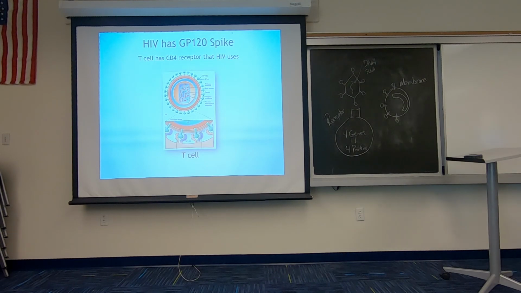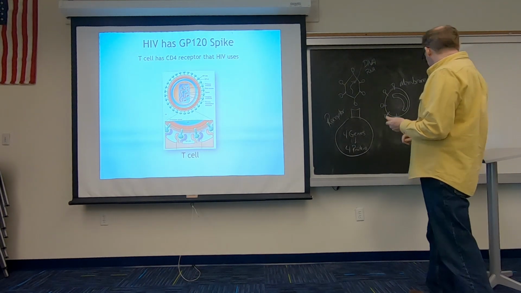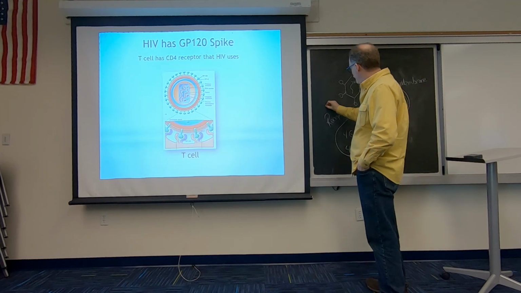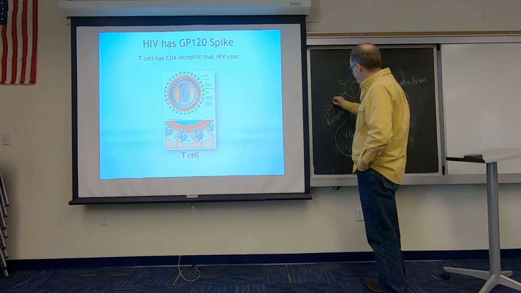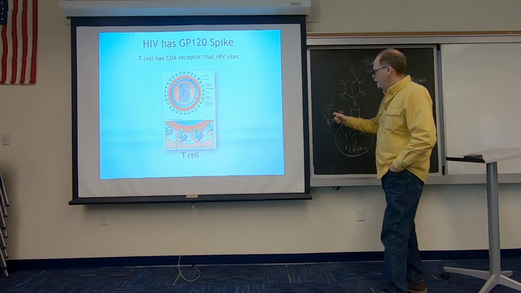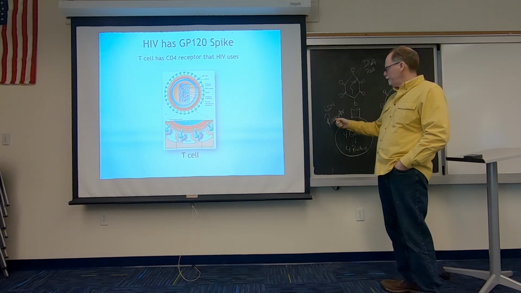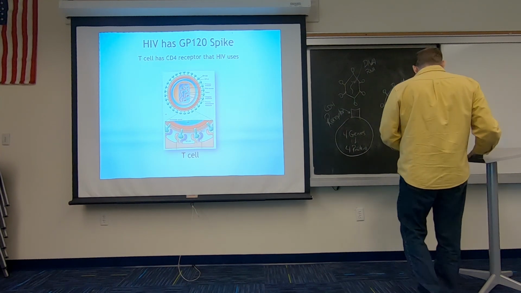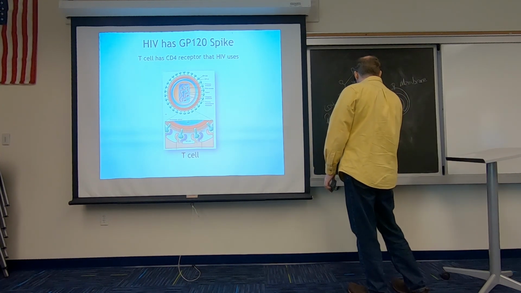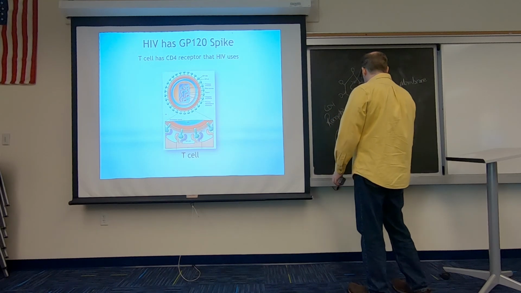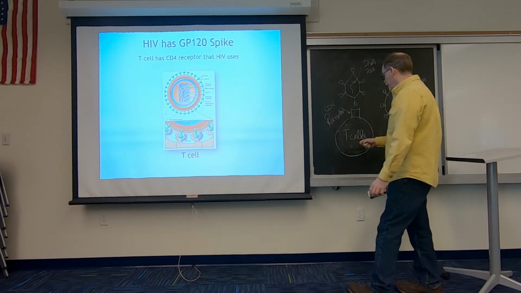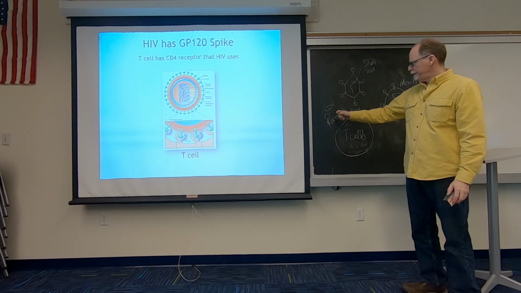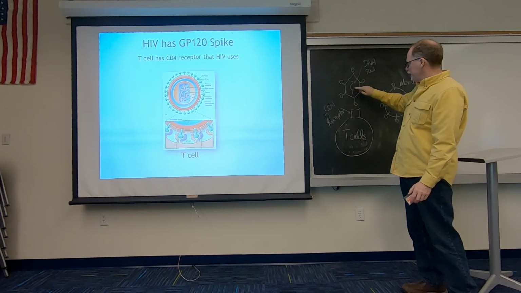HIV, we say the cell that it infects has what's called a CD4 receptor, right? That's what this is, and these cells are called T cells. T cells are white blood cells that HIV infects, because this is HIV, right?